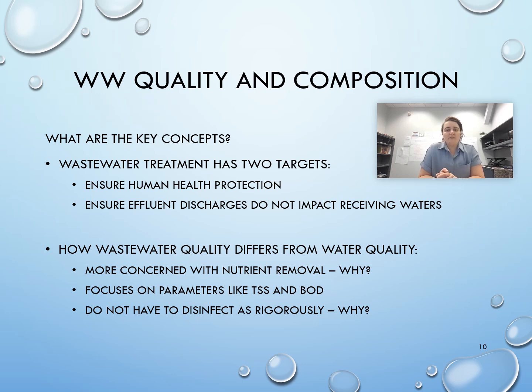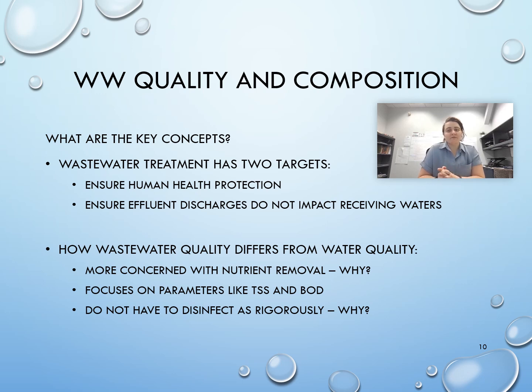And then how wastewater differs from drinking water quality, right? A couple things. We're more concerned with nutrient removal. And part of the reason why is because we don't want those nutrients causing eutrophication in our receiving waters. We have a focus on parameters like TSS and BOD. So these are the ones that are a little bit more heavily regulated in wastewater. And we actually don't have to disinfect quite as rigorously.